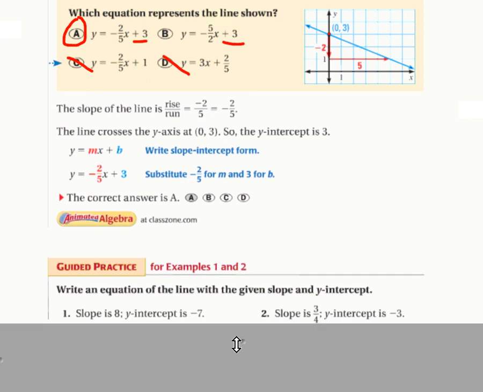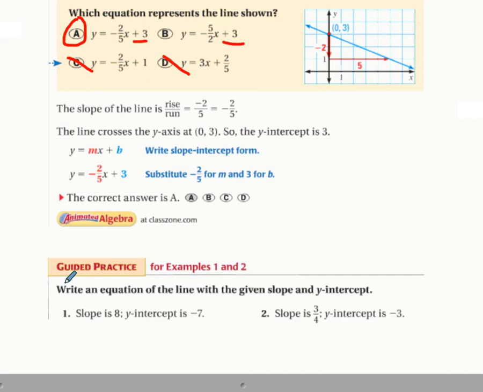All right. So let's do a couple more examples with that. So if I had to write the equation of the line given the slope and the y-intercept, it tells me right off the bat that slope is 8 and the y-intercept is -7. So I'm going to write it in that y equals mx plus b form again, because that's what slope-intercept form is.